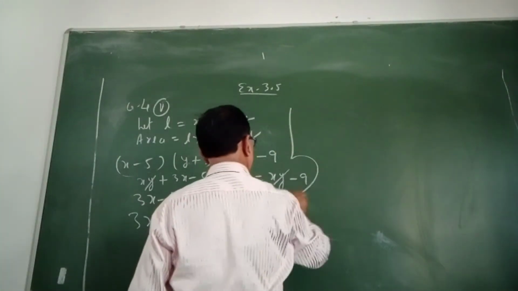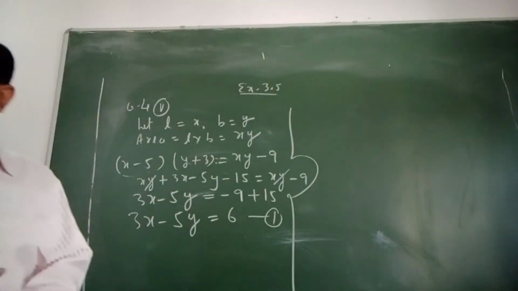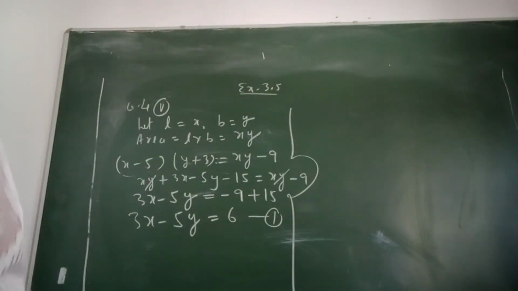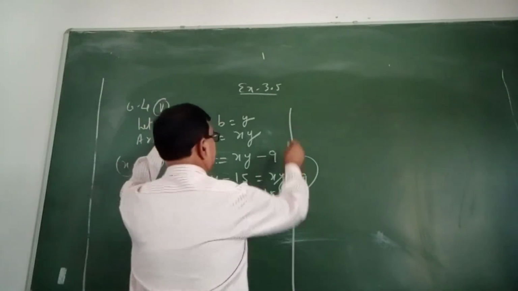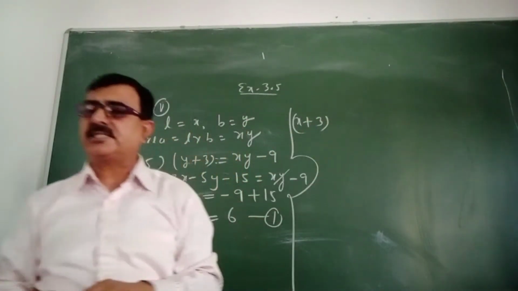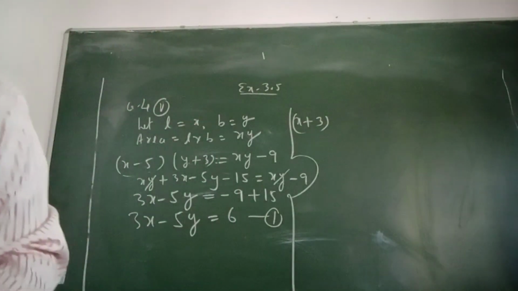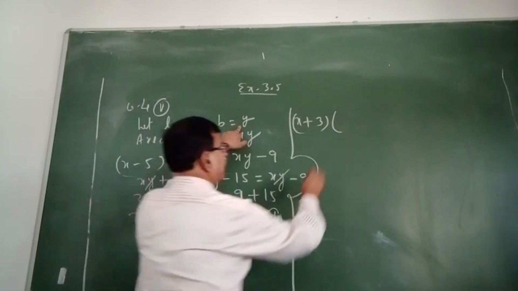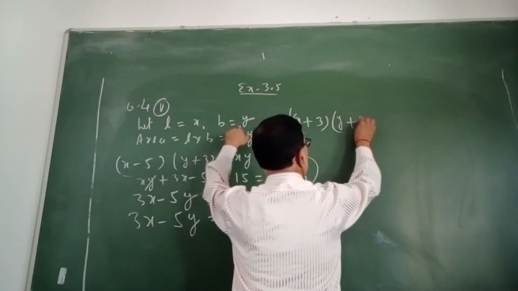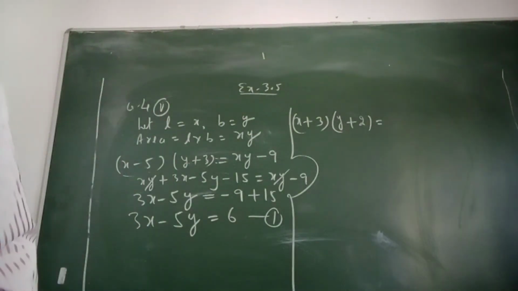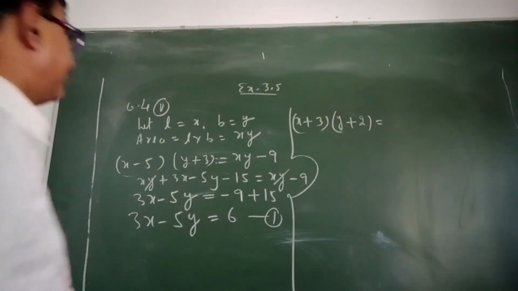Now second sentence. If the length is increased by 3 and breadth is increased by 2, then what happened? Then area increased by 67.